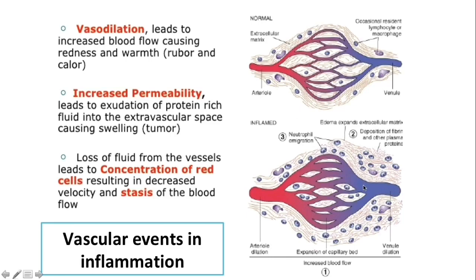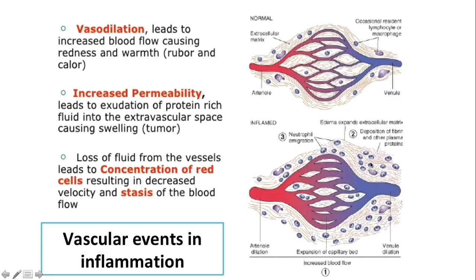On top of that, there will be increase in permeability of these vessels, which allow plasma protein and leukocytes to escape and exudate into the extravascular space. Okay, so this is also responsible for the cardinal sign of swelling or edema.